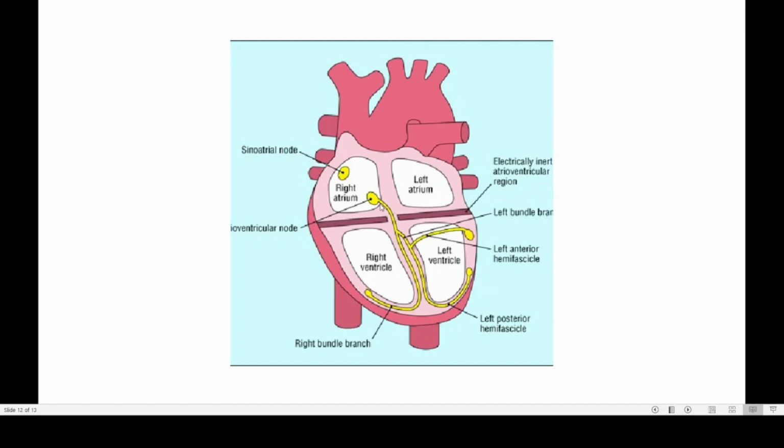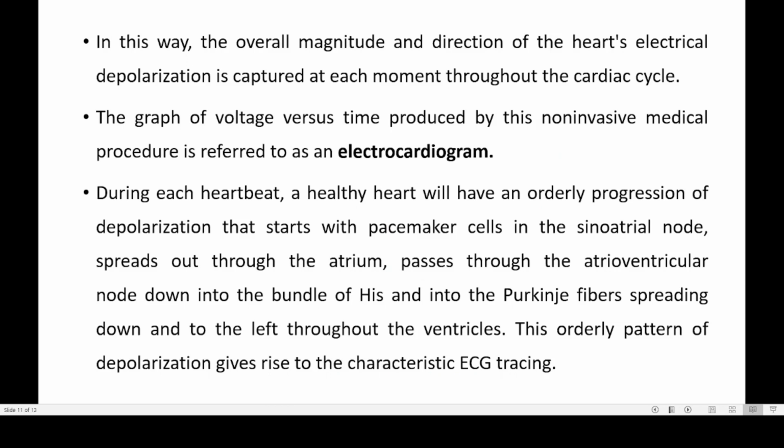Here, this is the AV node, and then there is a wiring, or a nerve connection. Through this nerve connection, the electrical messages will be reaching the different parts of the ventricle.